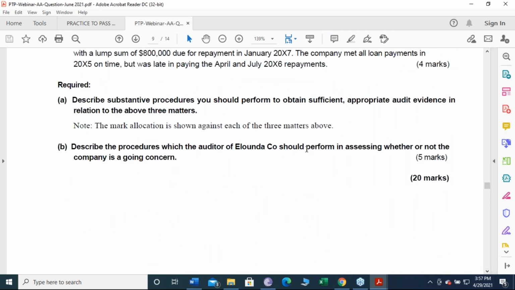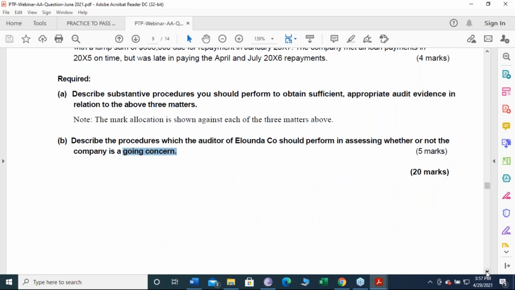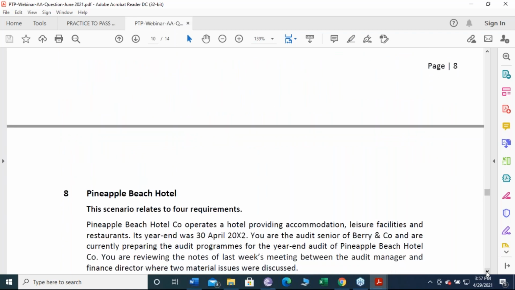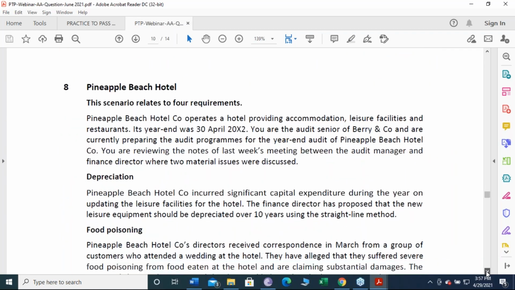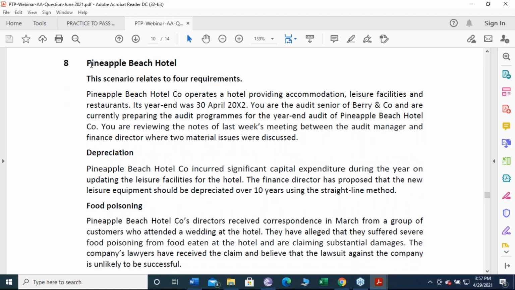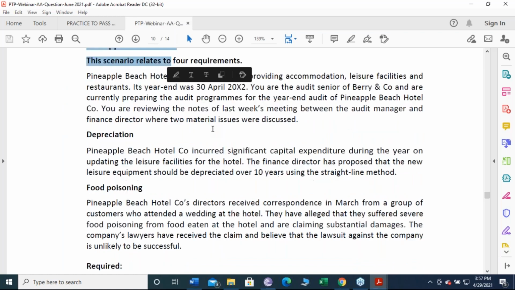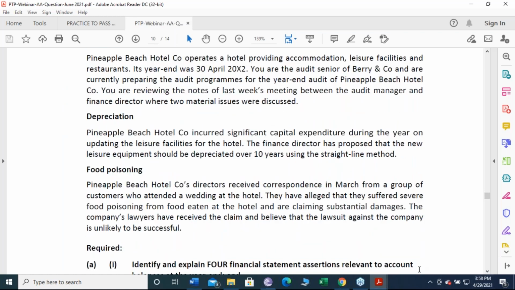Part B has got to do with the going concern. I will highlight going concern, subsequent events, and the reporting part, audit report tomorrow. Today we are only focusing on the substantive procedures. I will solve this Pineapple Beach Hotel after the break. It's 3:57 or rather 3:58 p.m. on my clock.